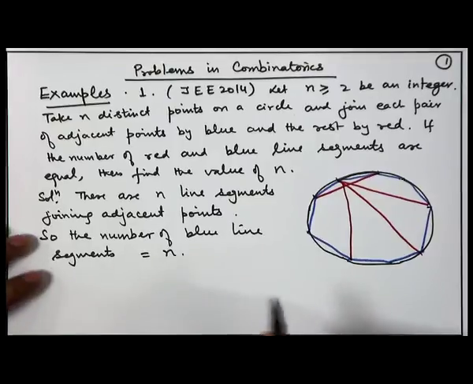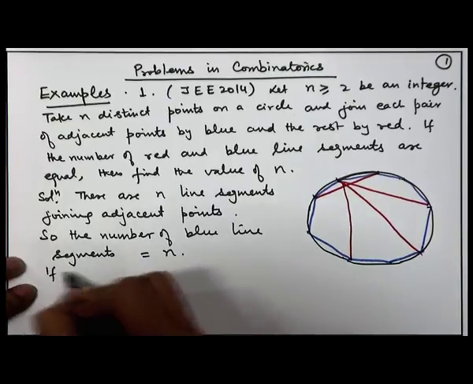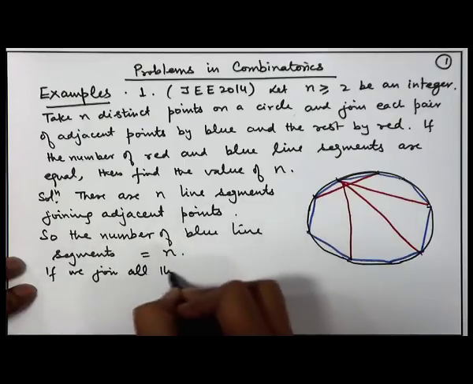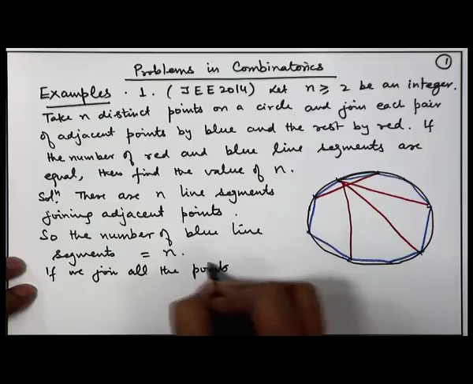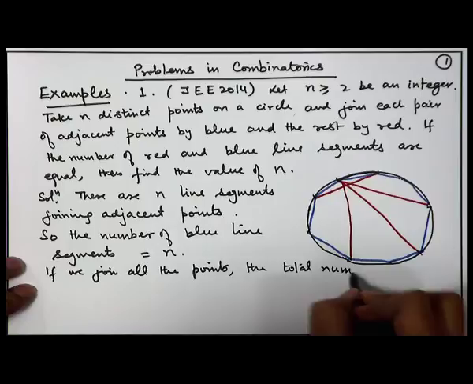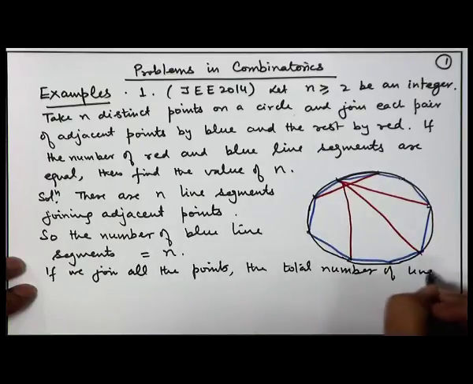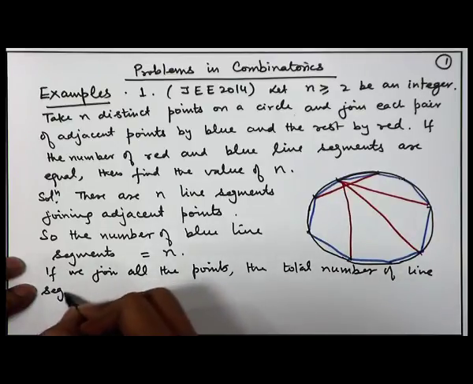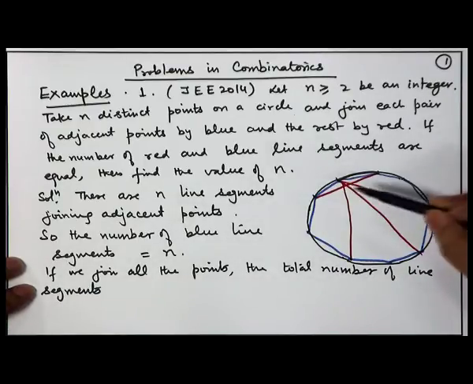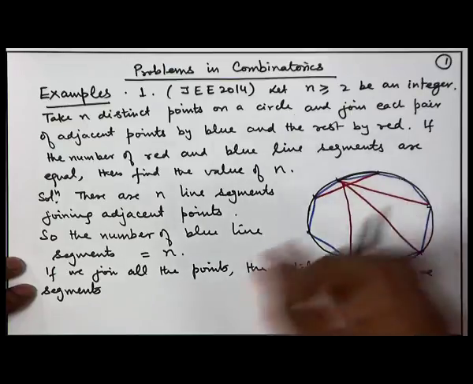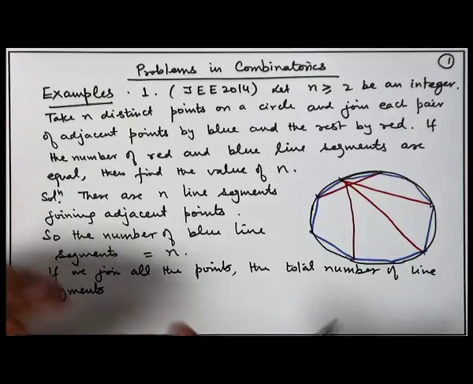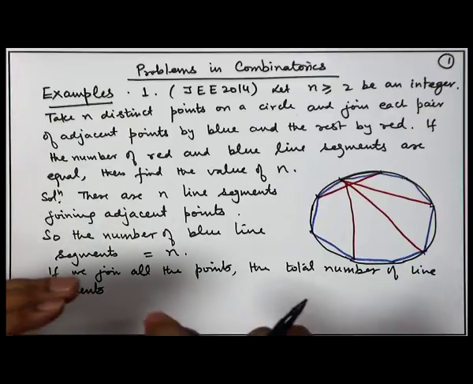Now, if we join all the points, the total number of line segments, how will you count that? There are n points and if I take every 2 pair, that means n C 2, because if you join A with B, then it is same as joining B with A, so it is counted twice.